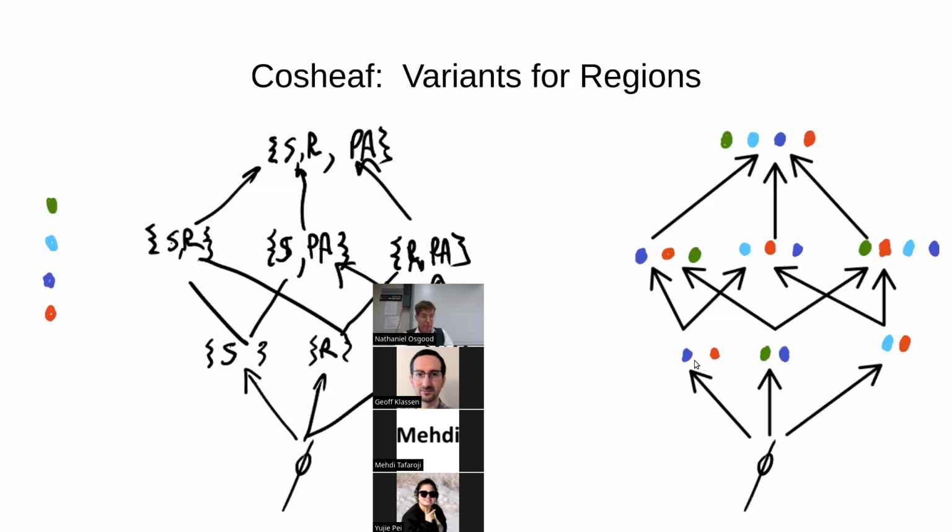So if we have variant blue and variant red in Saskatoon, these are variants of COVID-19. Variant green and variant blue are in Regina. Variant light blue and variant red are in PA.